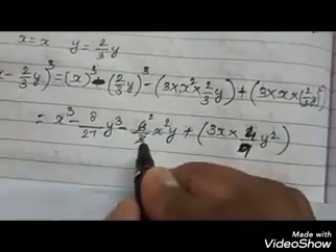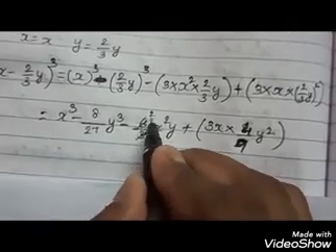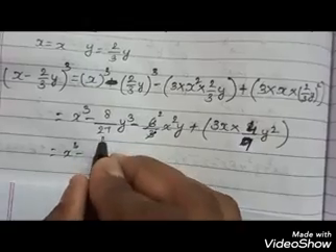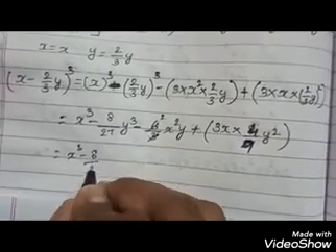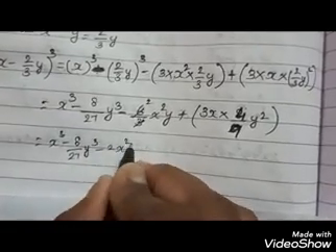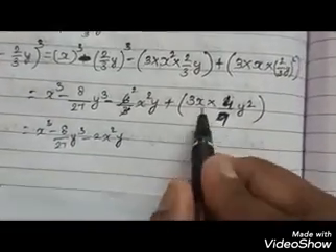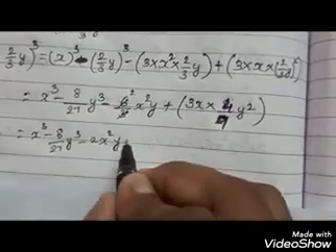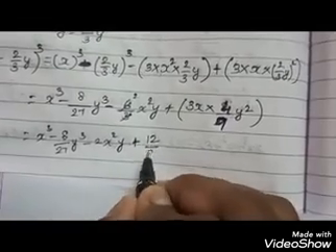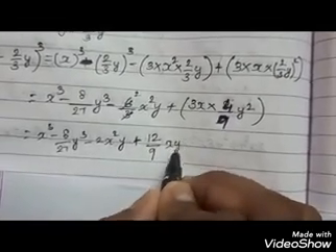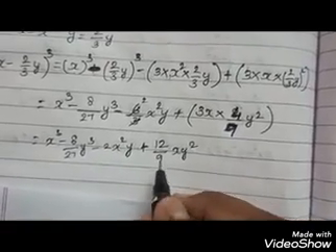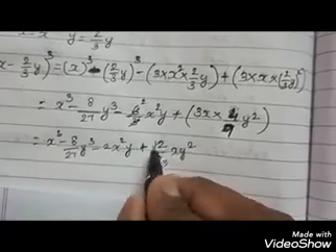Now you need to cancel. 1 three is 3, 2 threes are 6. So x cube minus 8 by 27 y cube, we can't simplify 8 by 27, minus 2x square y, plus 12 by 9 x y square. 12 by 9 can be divided by 3: 3 threes are 9, 4 threes are 12.